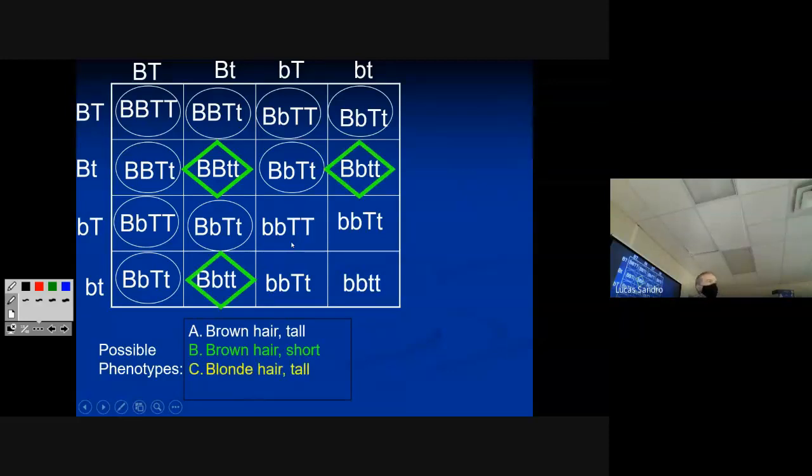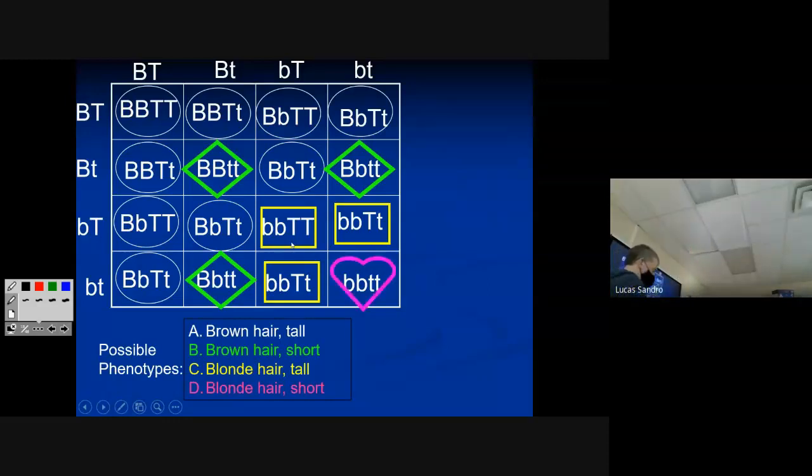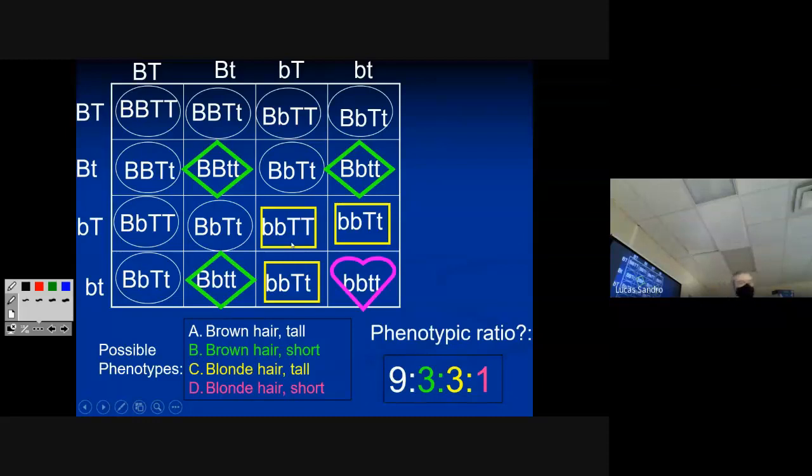It's nice that we've marked these out, right? Now you know exactly what you have left. There's only 4 left. How many of them are blonde haired and tall? 3. 1, 2, 3. Just got to mark them differently somehow. It can be dots and lines, whatever you want. And then finally, our double recessive kid, blonde and short, for a total phenotypic ratio of 9 to 3 to 3 to 1: dominant-dominant, to dominant-recessive, to recessive-dominant, to double recessive.